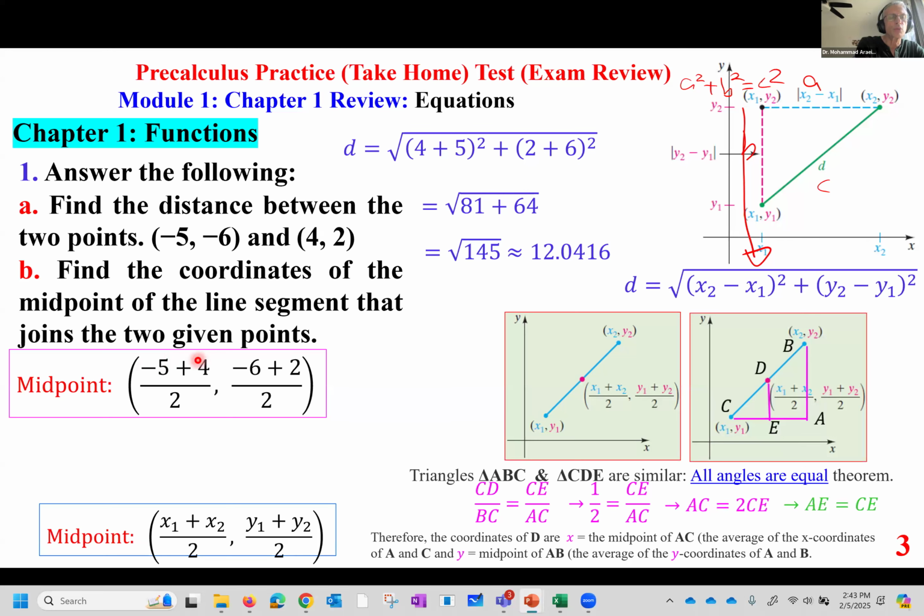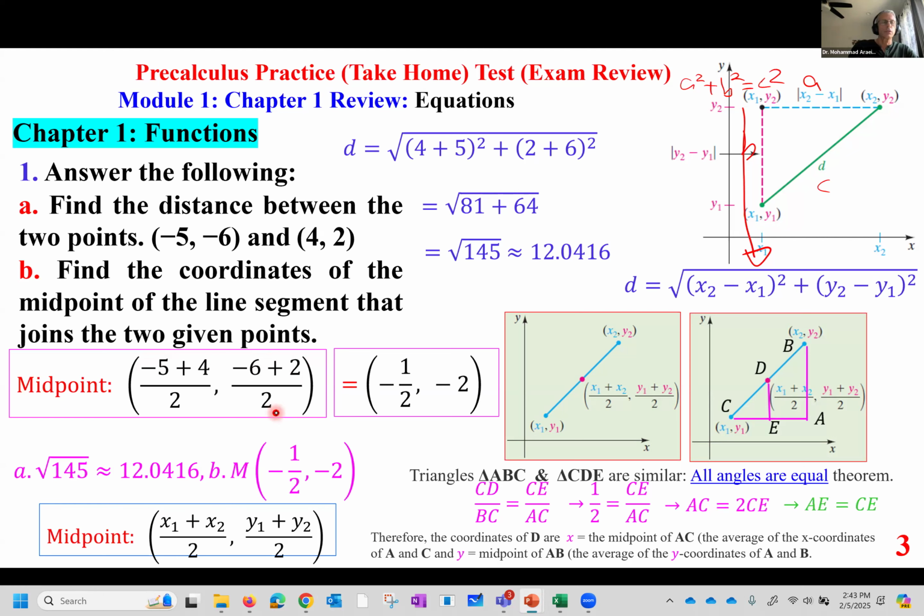So this adds up to -1, so -1/2. These two add up to -4 divided by 2, or -2. So in short, the answers for parts A and B are what you see here.